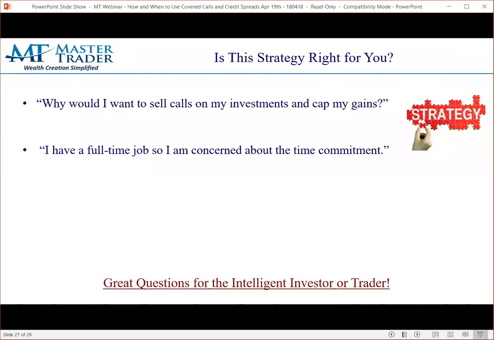So this one applies to either strategy. I have a full-time job, so I'm concerned about the time commitment. Folks, you determine how active you want to be with this. I have some people who do not open up the computer all week long.